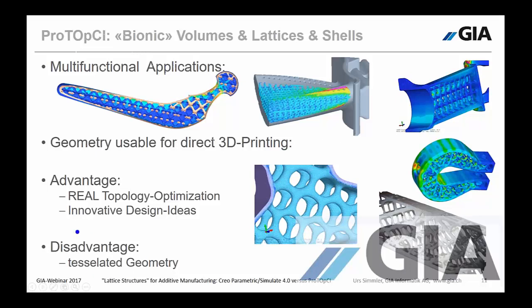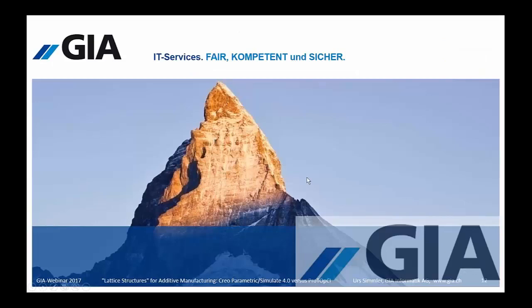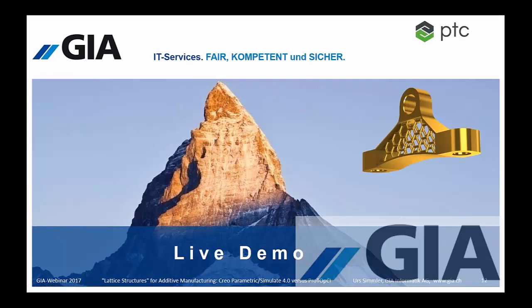In the future we will bring other capabilities to ProTOpCI where we can bring over the geometry with an OBJ file to the surface modeling. I will show that later on also. So let's go right now for the live demo.